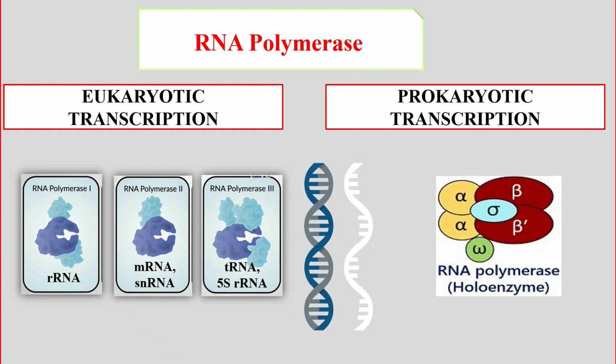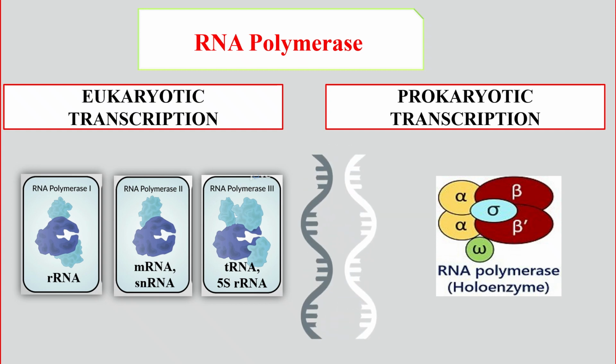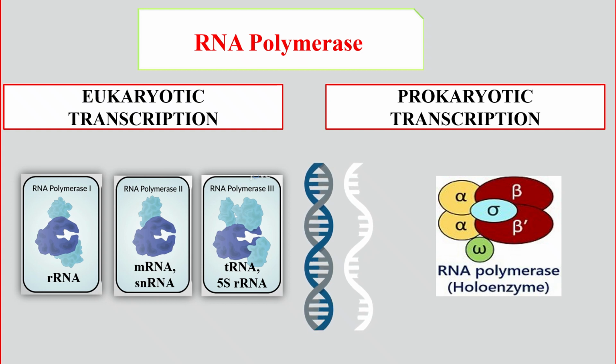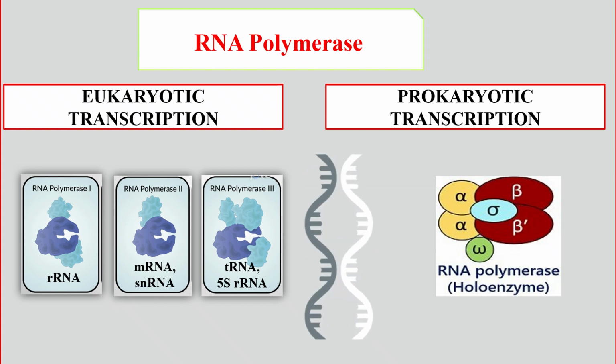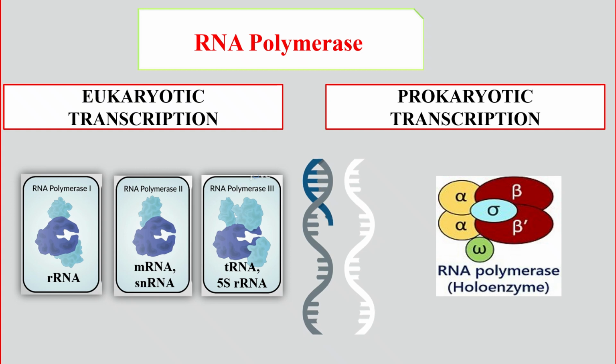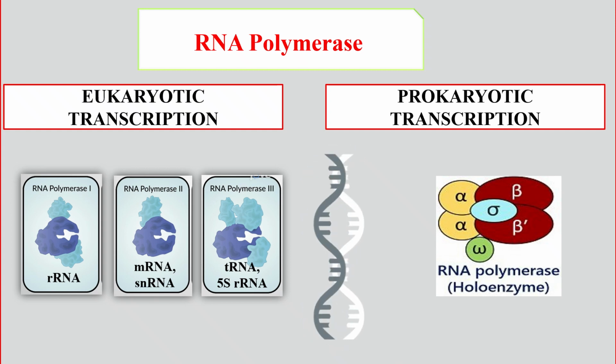Once the initiation has started, this sigma factor will be released. So the RNA polymerase for prokaryotic transcription consists of 5 subunits, while in eukaryotic transcription these polymerases consist of 10 to 11 subunits.